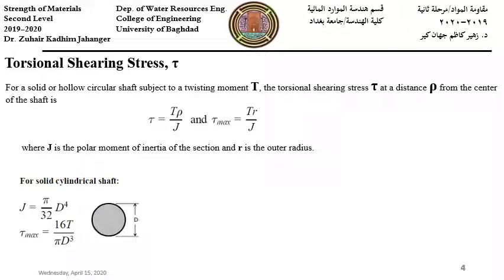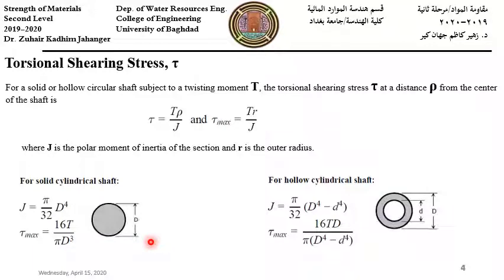For a solid cylindrical shaft, J is pi over 32 d to the power 4, and tau max is 16 times T over pi d cubed. And for a hollow cylindrical shaft, the equations are as shown here.